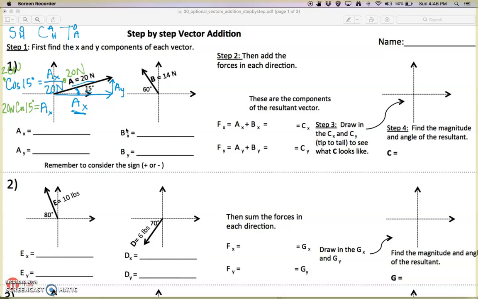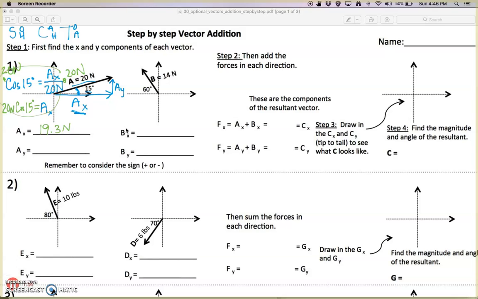I'm going to type that into my calculator, making sure that my calculator is in degrees, and I get 19.3 newtons.